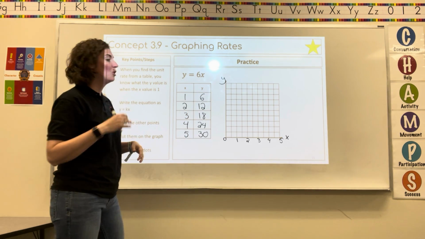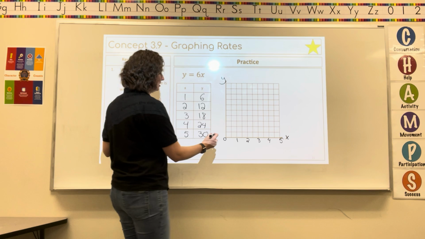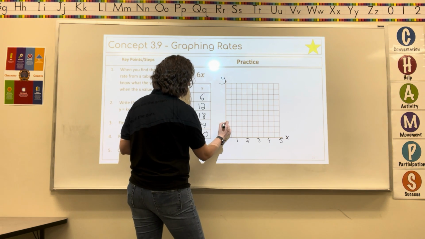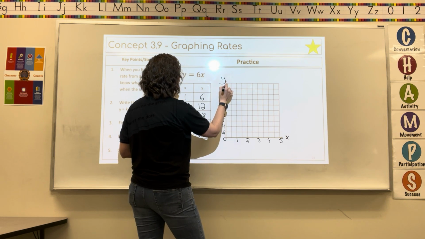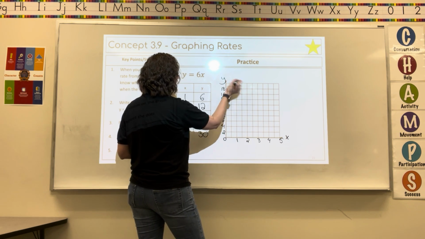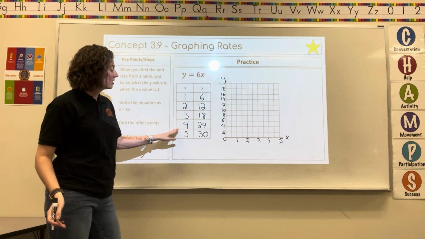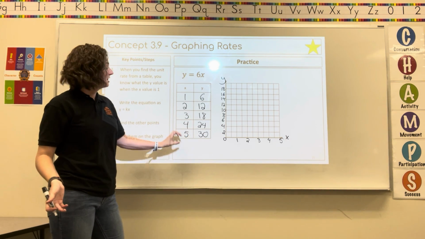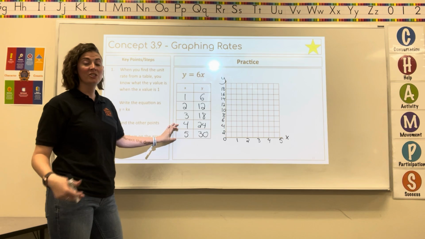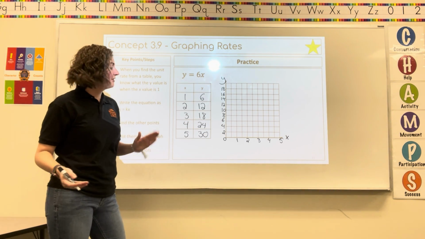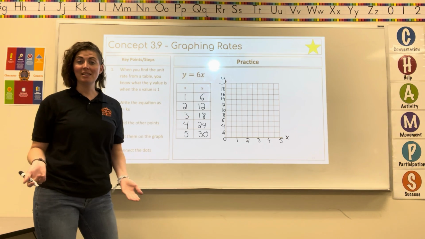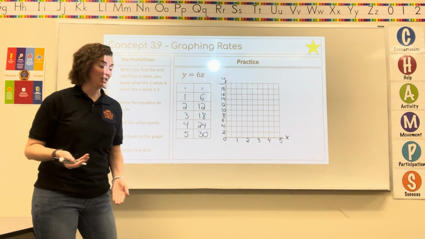I am going to go by 2s, so I'm going to say 2, 4, 6, 8, 10, 12, 14, 16, 18, and then that would be 20. Now ours goes all the way to 30. That just means that a few of our ordered pairs won't end up on the coordinate plane. But because we have a constant rate, we can see and predict where that line would eventually go.